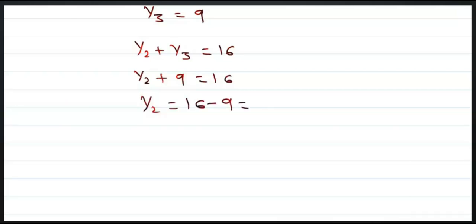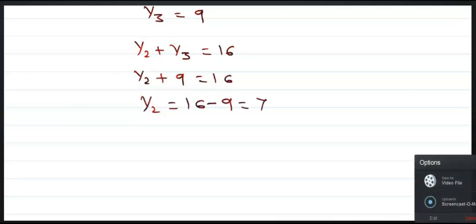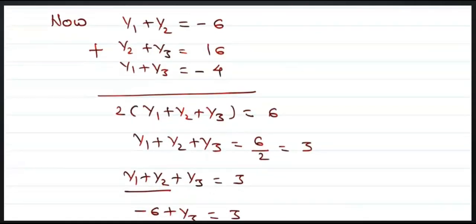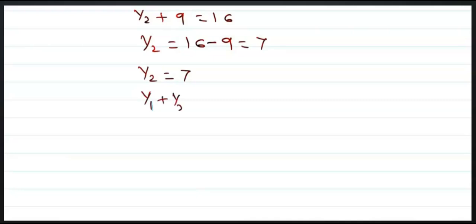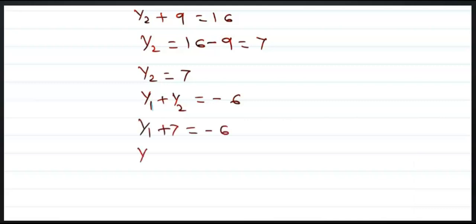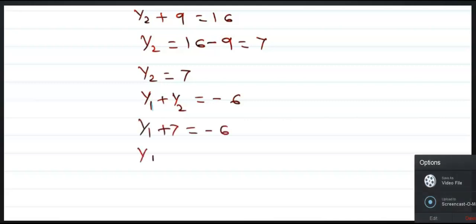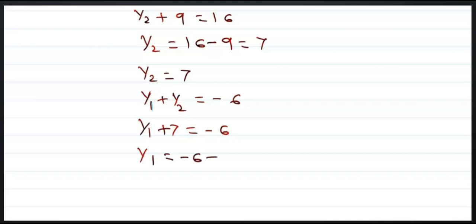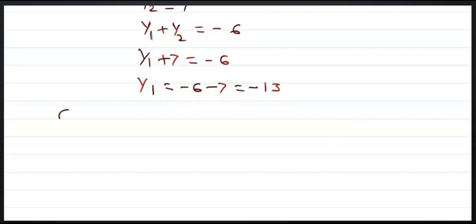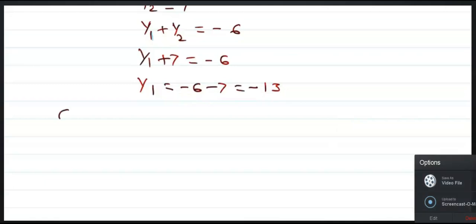Therefore, y2 is equal to 16 minus 9, that is equal to 7. Again, y1 plus y2 is equal to minus 6, so y1 plus 7 is equal to minus 6. Therefore, y1 is equal to minus 6 minus 7, and that is equal to minus 13.